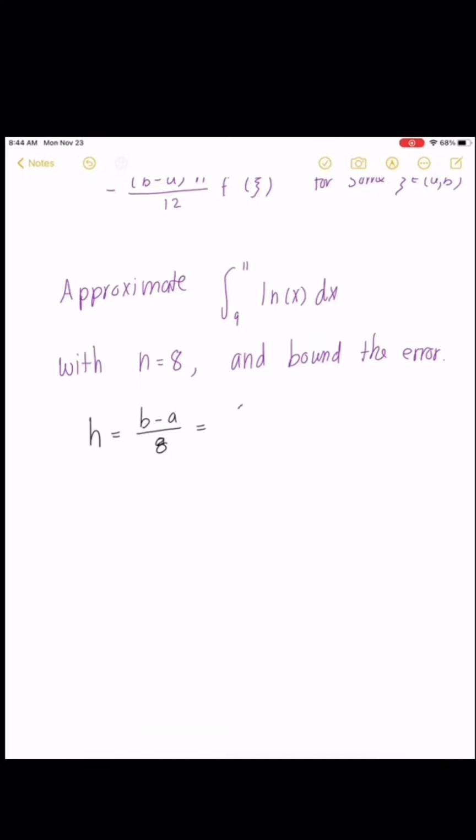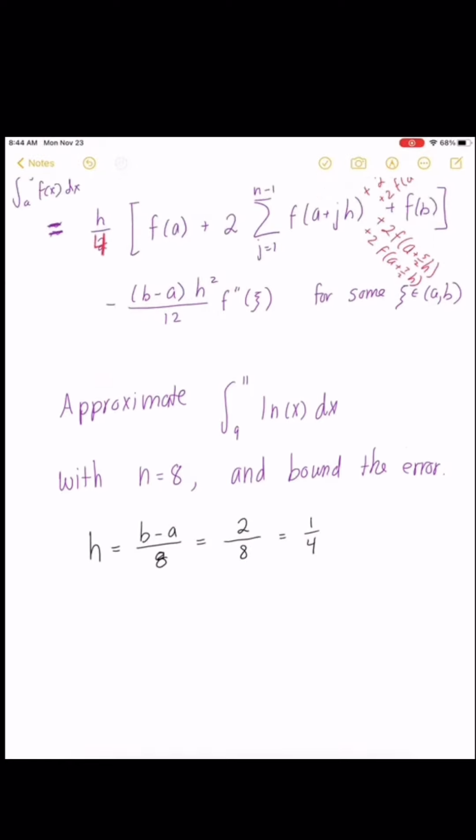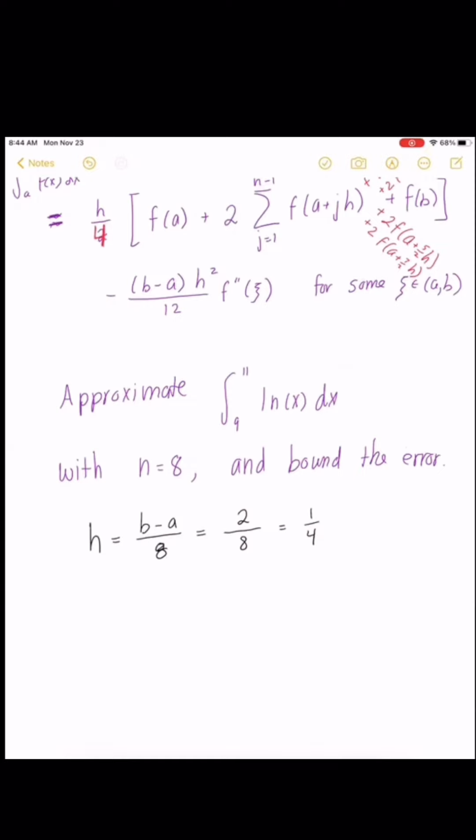B minus a is 2, the length of our interval, over 8. So h is 1/4. If we were then to apply the composite trapezoidal rule, we will use this formula at the top here that I've written all over and made messy.